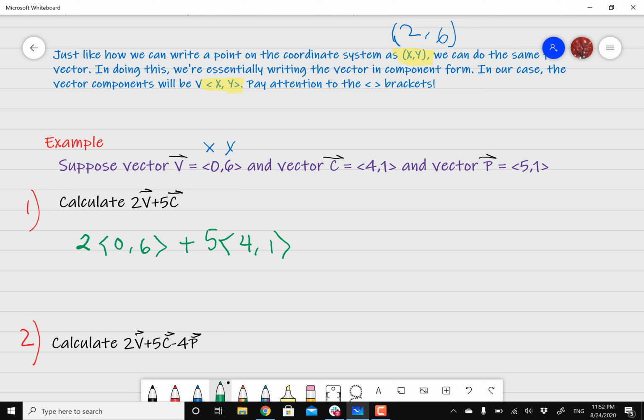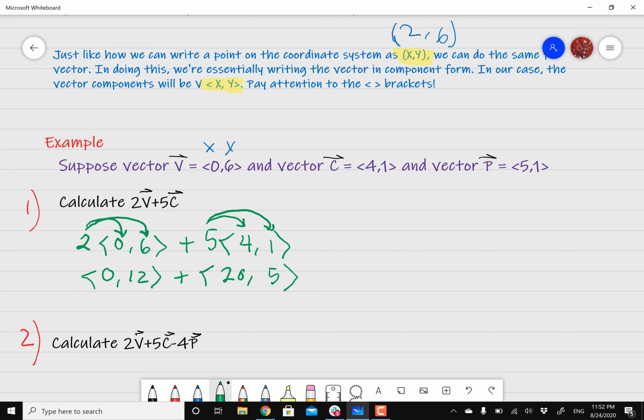And then essentially, we're going to distribute this 2 into each component of your vector, and do the same thing with the 5. So you're going to get 2 times 0, which is 0, 6 times 2, that's going to give you 12, and then plus 5 times 4, that's 20, and then 5 times 1, that's simply going to give you 5.